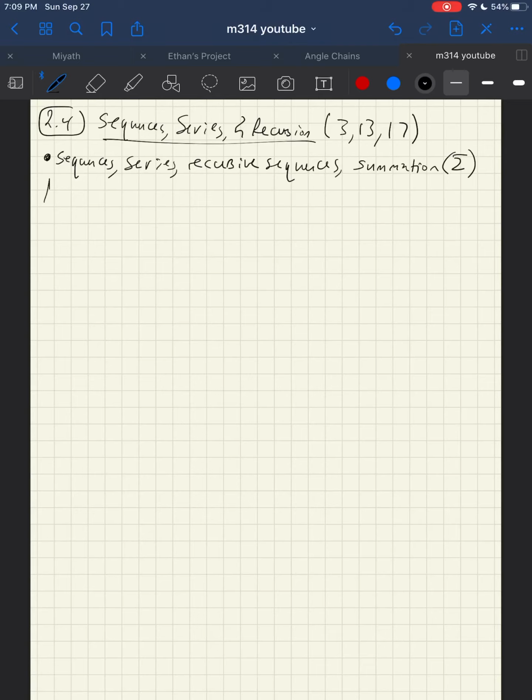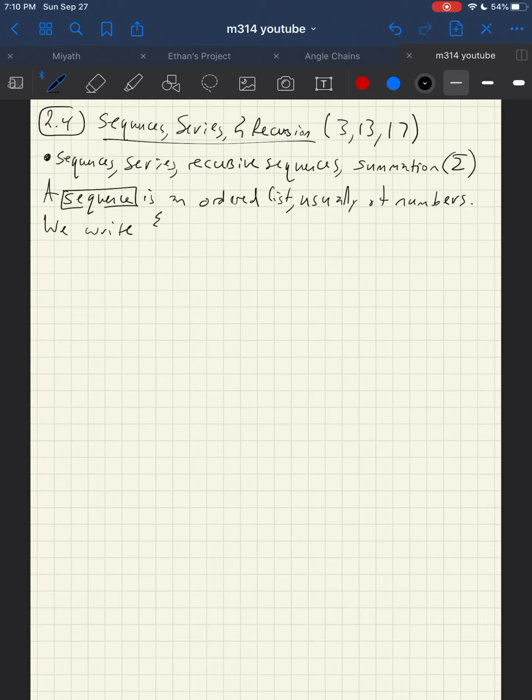So for our purposes, a sequence is an ordered list, usually of numbers. You can have a sequence of anything, but it's typically going to be a list of numbers. We write, and this is maybe a little confusing, in curly braces a sub n, and then I'll write n goes from 1 up to infinity.